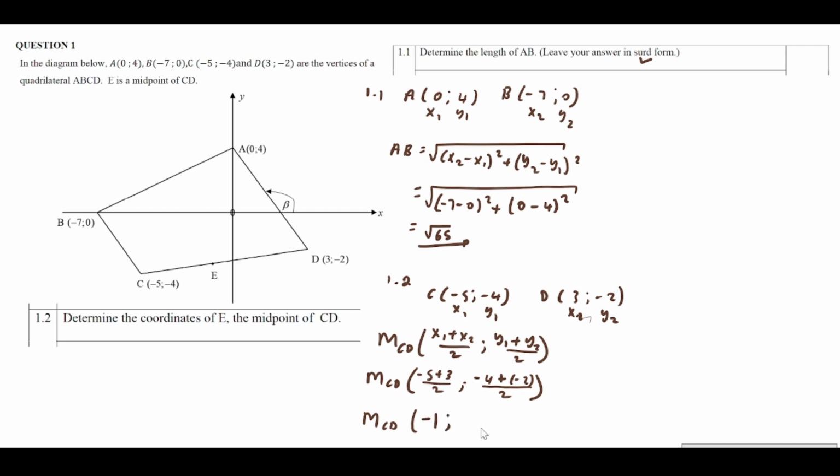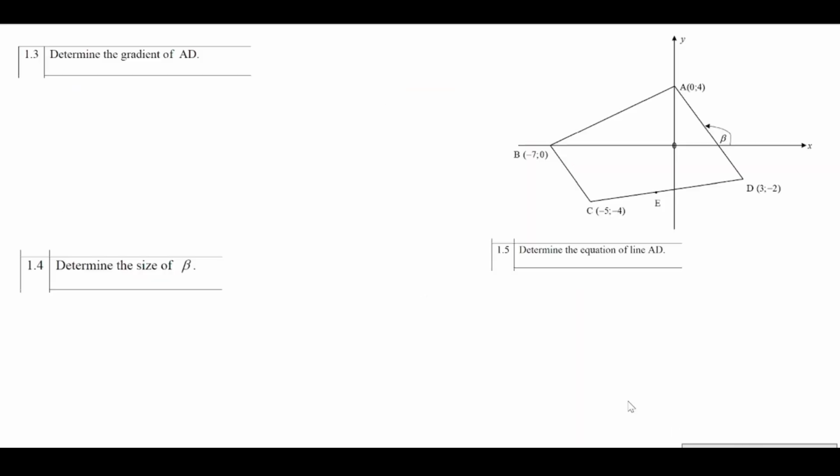Use your calculator, guys. Also, this one you can put in the calculator as it is, and you will see that it is going to give you -3. Therefore, the coordinates of E are -1 and -3. Use your calculator. So this is 1.1 and 1.2.